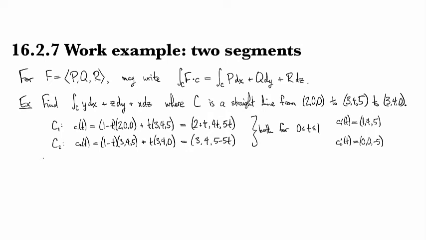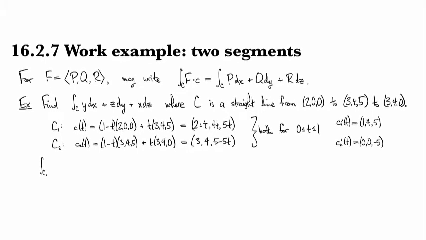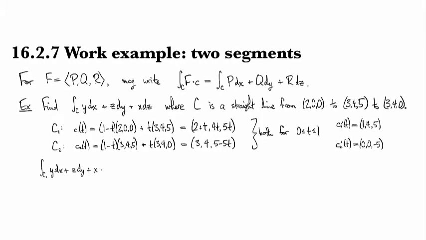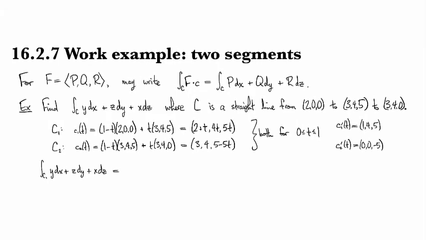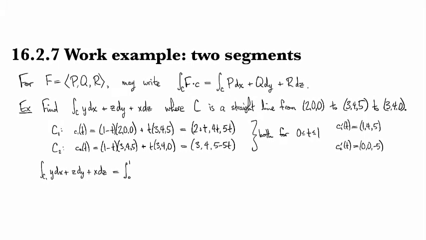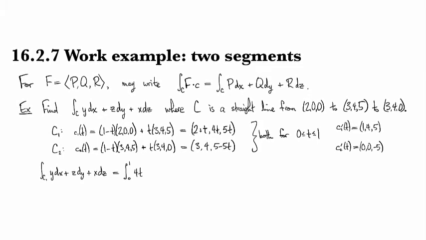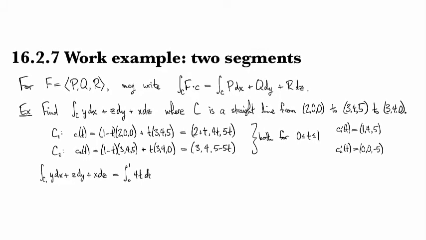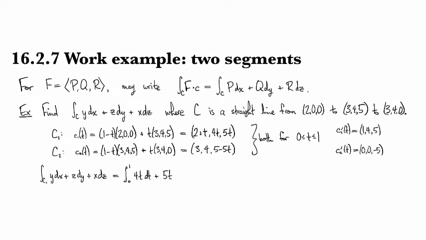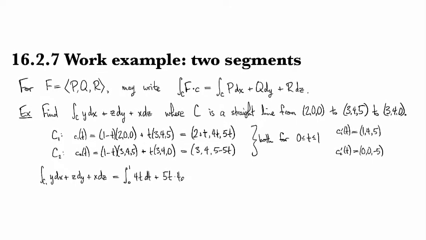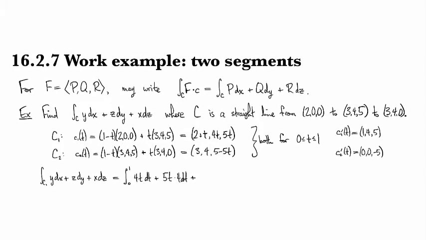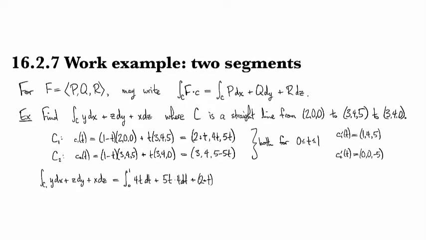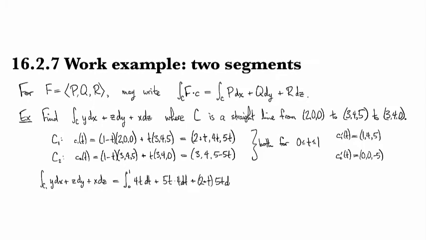So for our integral over the first one of y dx plus z dy plus x dz, we are going to have the integral from 0 to 1 of 4t times dt plus 5t times 4 dt, and then plus, I've got 2 plus t, that's my x coordinate, and then dz is 5t dt.